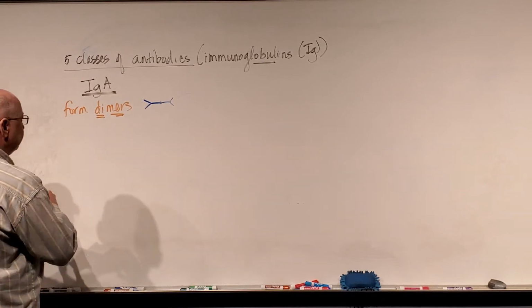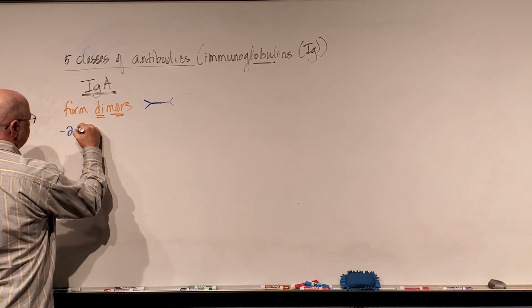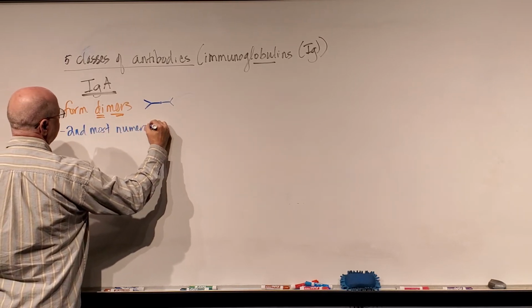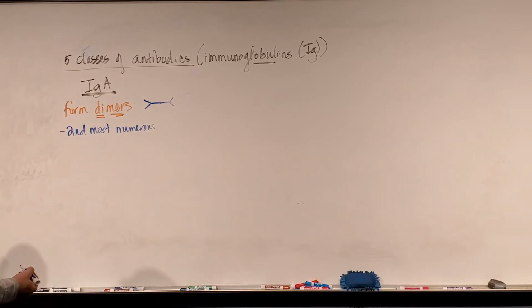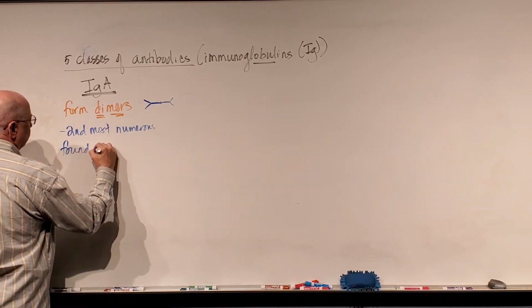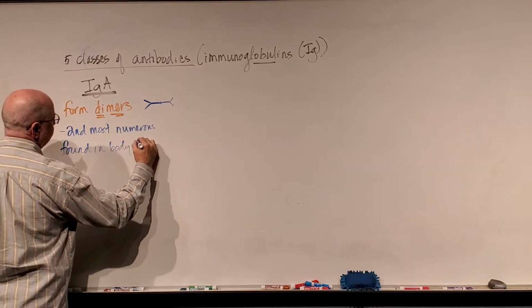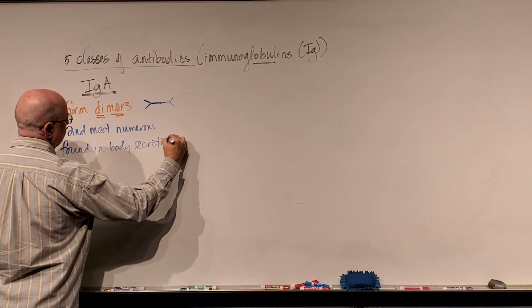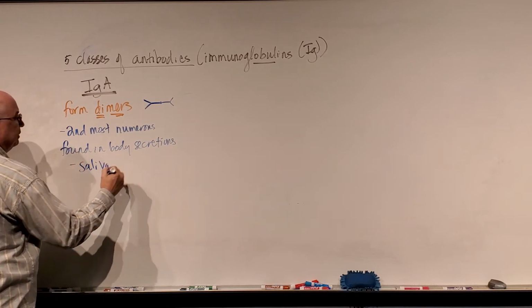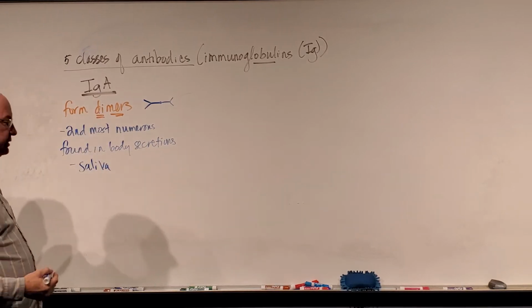Now, these are the second most numerous of the antibodies that are secreted. There's a bunch of these, okay? The most numerous is going to be IgG, but we're going to talk about those in a moment. They are found in body secretions. So, saliva can have IgA antibodies in it.